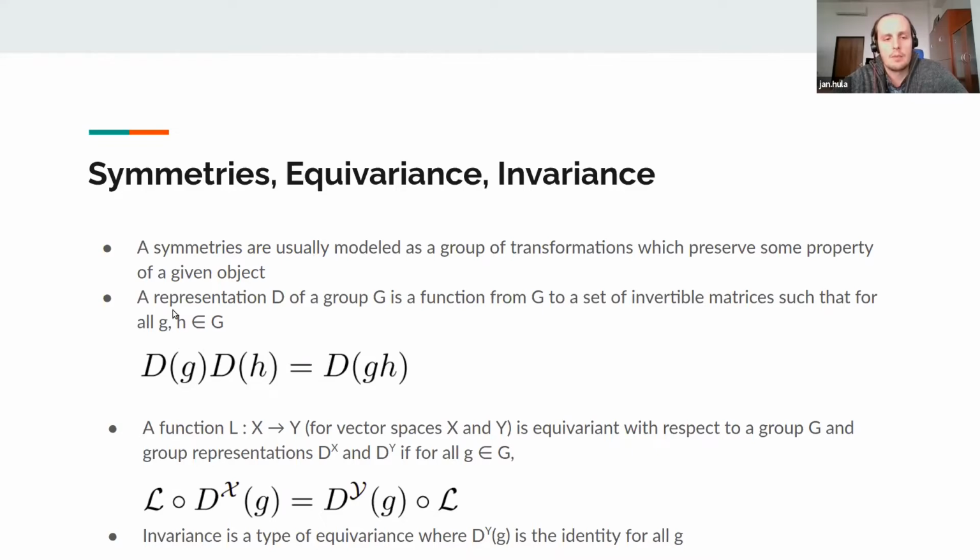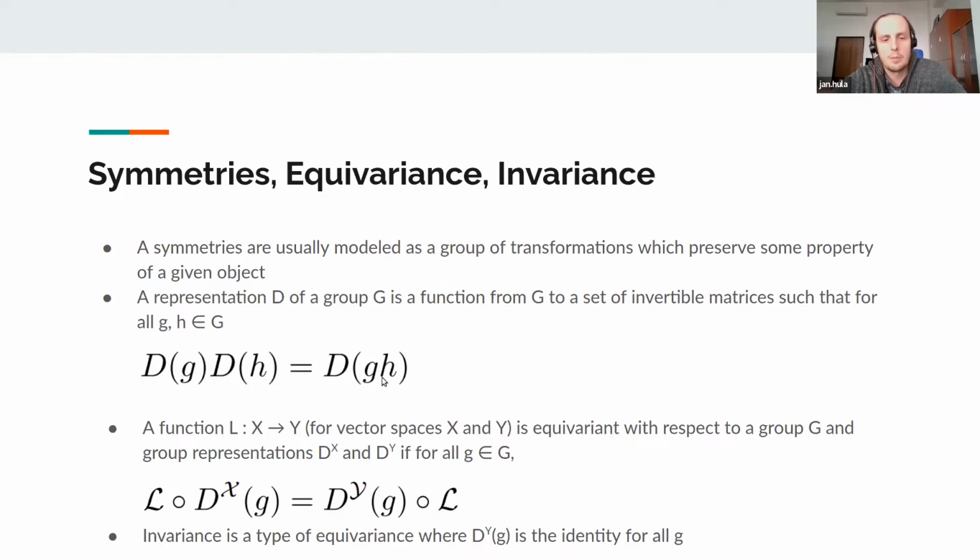So we would like to speak about invariance and equivariance, and for that we need to speak about representation. So a representation of a group G is a function from this group to a set of invertible matrices which has this property.